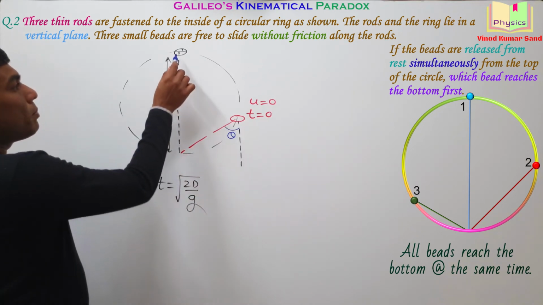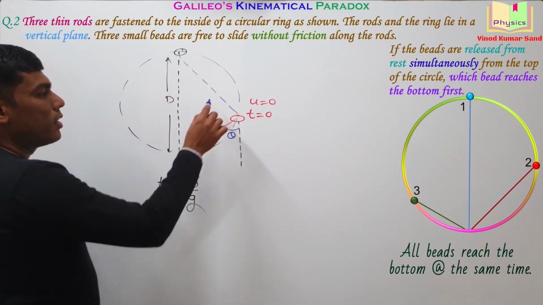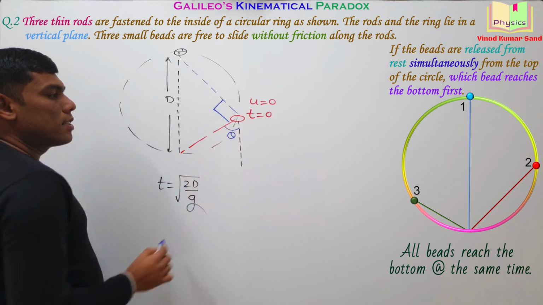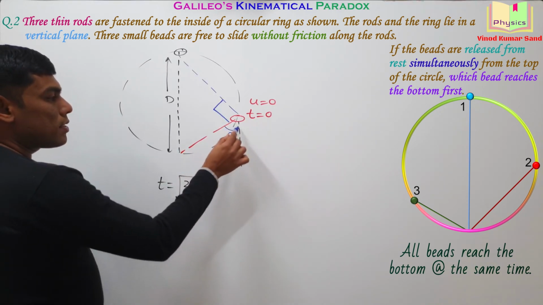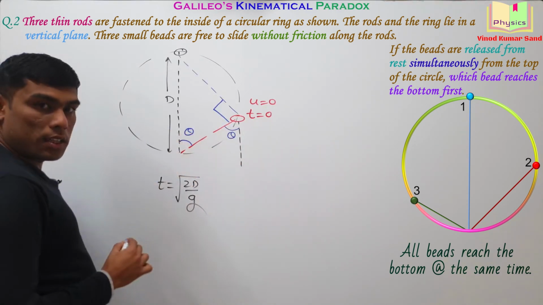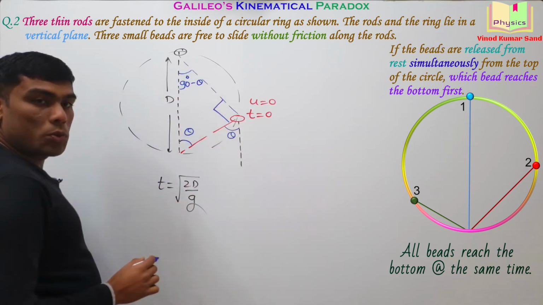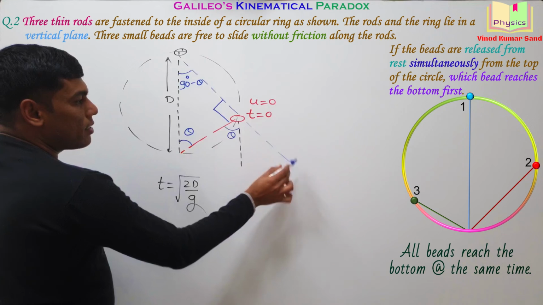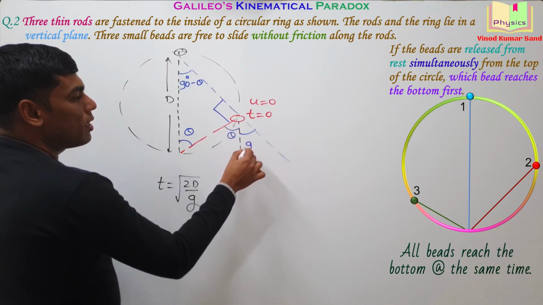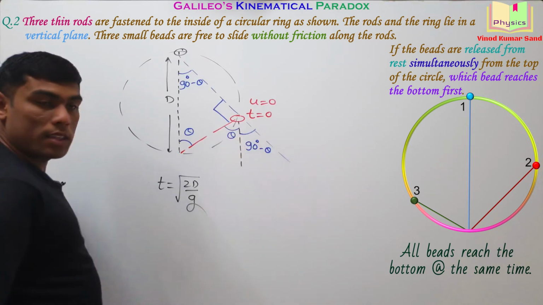Okay, I'm completing the triangle here. We already know that this angle is 90 degree. If this angle is theta, this should be theta. This should be 90 degree minus theta. Do you agree? And then I'm extending this line. This angle will also be 90 degree minus theta.